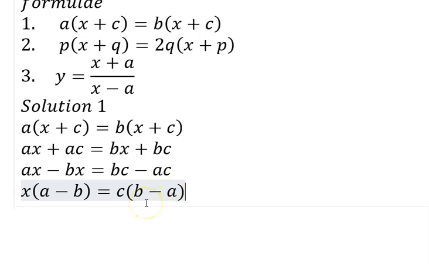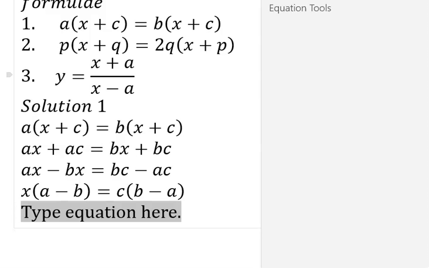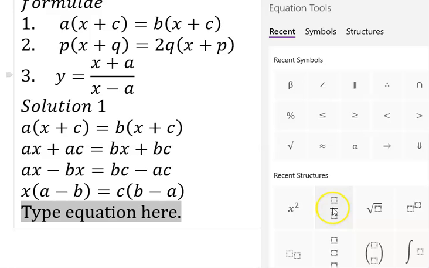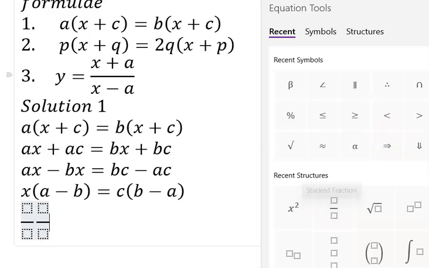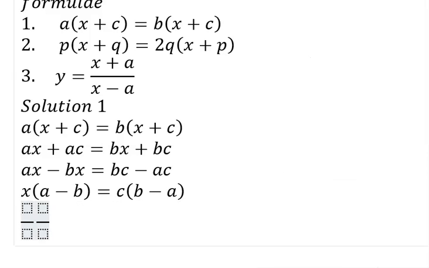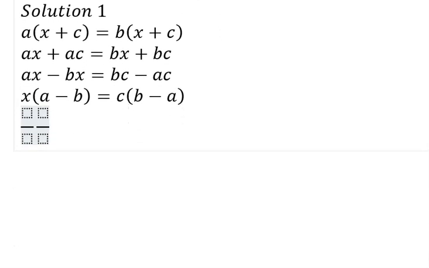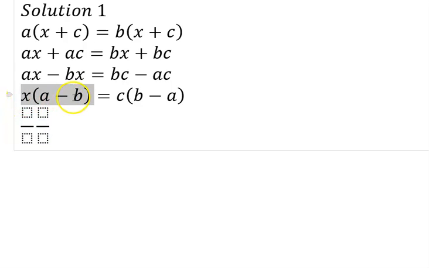Awesome. Now, to make our x stand alone, we just divide both sides by this A minus B so that it can cancel out like we've been doing before. So let's get a template. That will be useful. Awesome. Up here we have this.